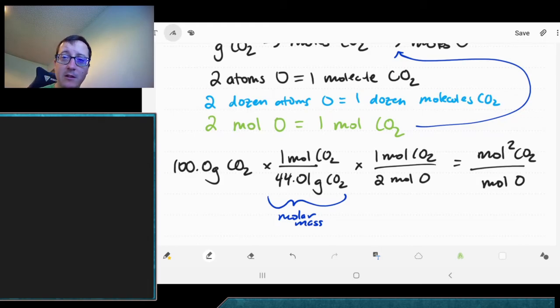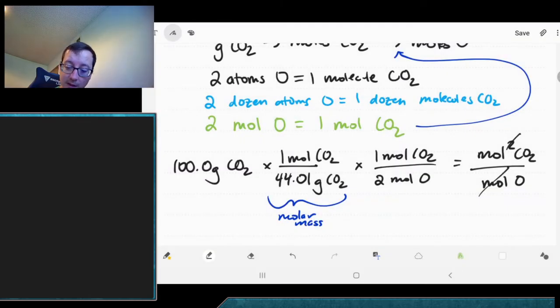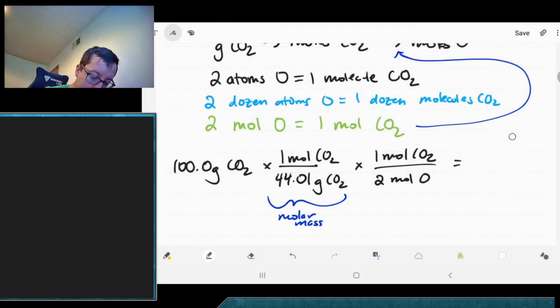Is that what we want? Nope. That's, again, a unit that makes no sense. So we're going to not have that. So it's also very important that we keep track of which is which. That's why I'm very clearly writing CO2 for quantities that belong to CO2 and oxygen for things that belong to oxygen. So you can't just say, well, these should cancel, right? No, they're of different things, so they can't cancel. So that means I've put this upside down again.